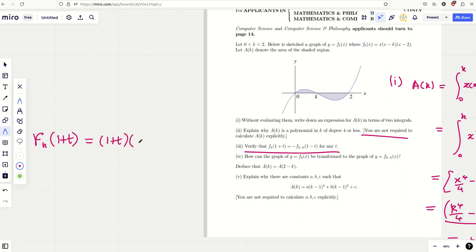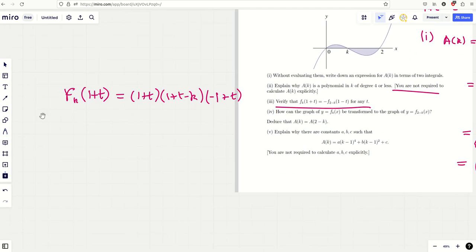So that's going to be 1 plus t minus k, and then 1 plus t minus 2. Because we've got 1 plus t and we're taking away 2, we're going to end up with minus 1 plus t. Okay, so that's f of k of 1 plus t.